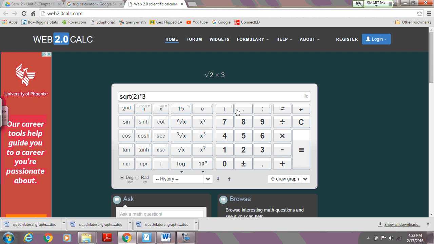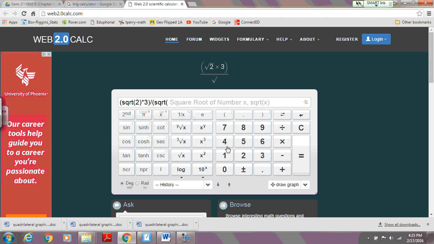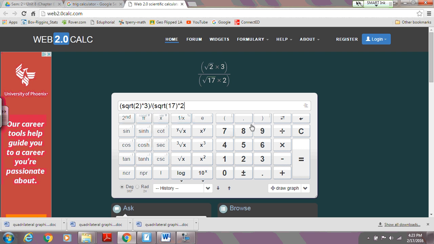I need to put that in parentheses. Divided by parentheses square root of, no, it wasn't the square root of 2, it was square root of 17. 17 times 2, close parentheses.